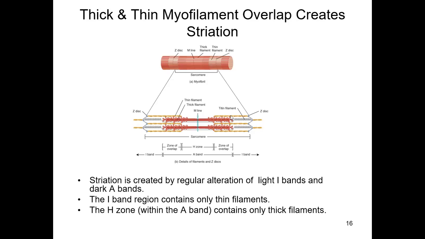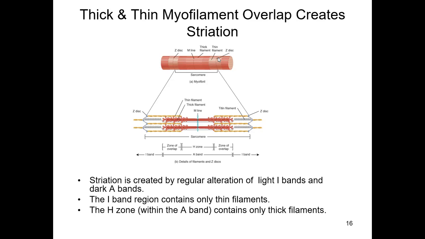Here is a little more zoomed in look. So when we take a look at the proteins making up the sarcomere, we are seeing now some of the proteins of the thick filament here and some of the proteins of the thin filaments. A banding pattern is created.